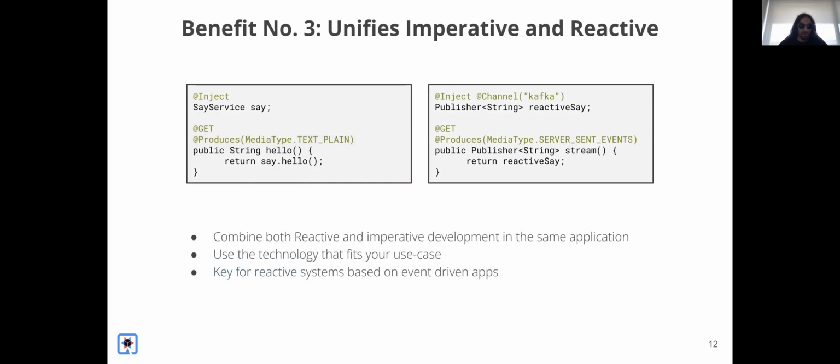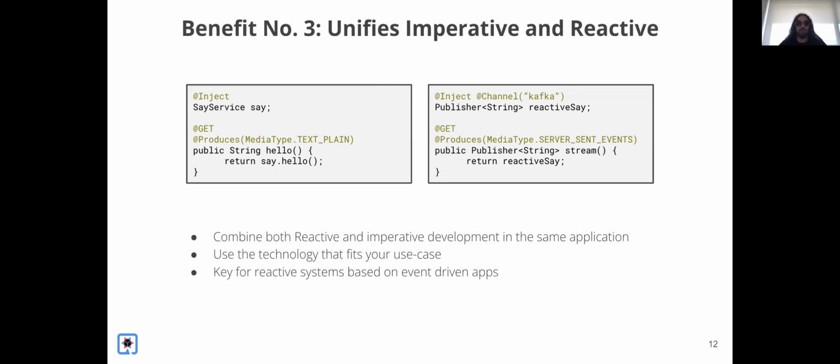Now, one of the other things that we know developers are looking at a lot is the reactive programming model, right? So we tried to come up with a way to unify both worlds of imperative and reactive, right? The idea is that you should be able to use the technology that fits your use case, but the programming model should not have to change if you want to use reactive. So for instance, we have here a couple of REST endpoints, and the one on the left is doing imperative programming, the other one is using reactive.